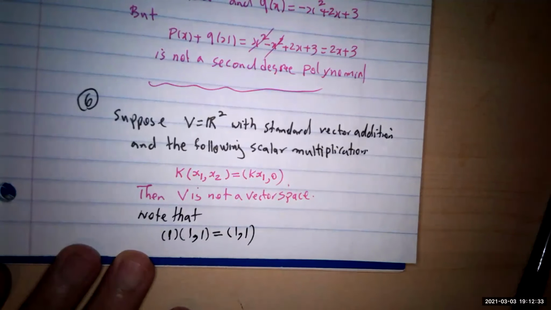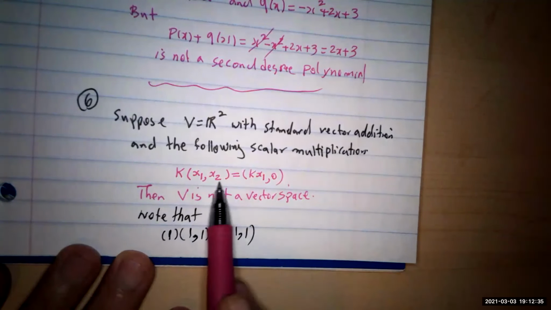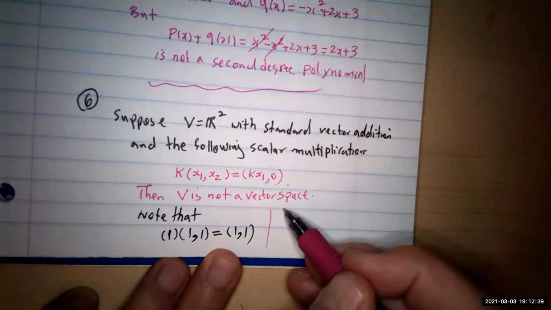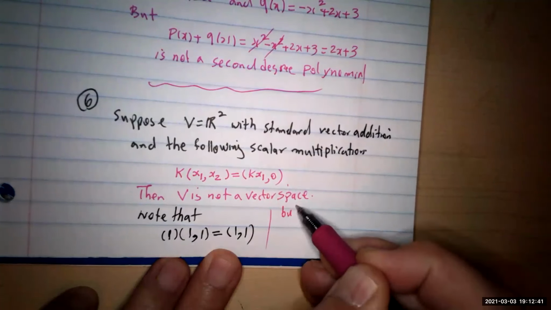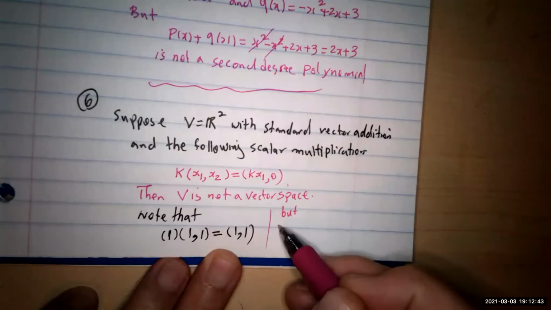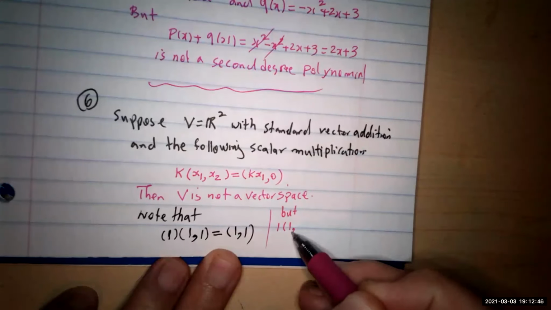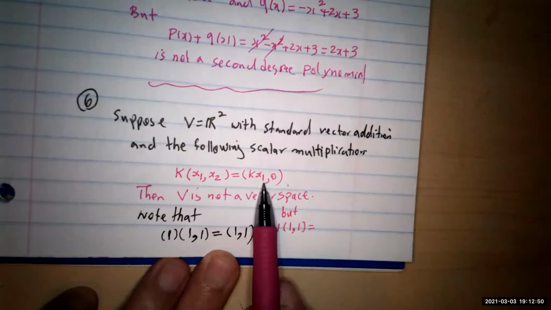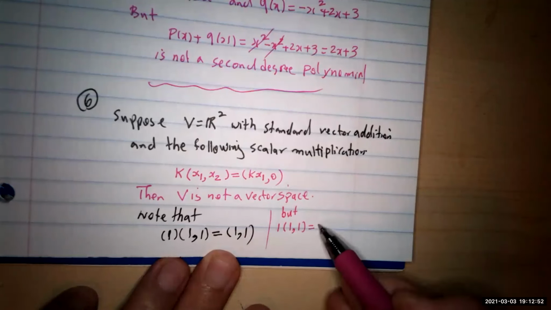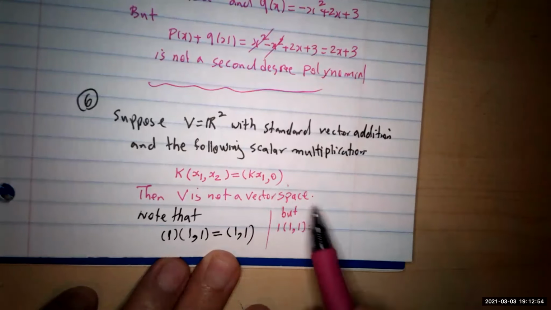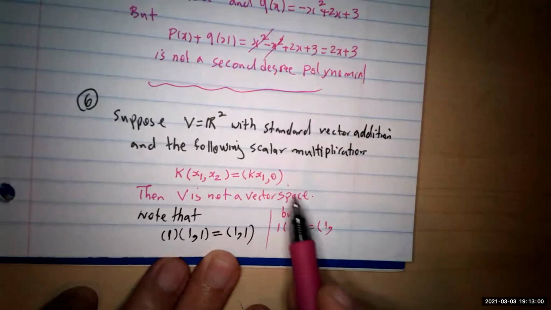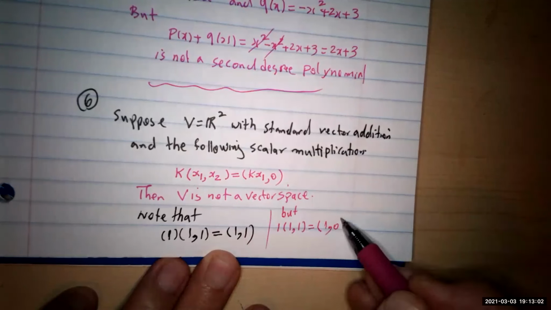But if you use this definition, what's going to be the result? It must be Kx1, so 1 times 1, which is 1, and the comma 0, because of the definition that we have.